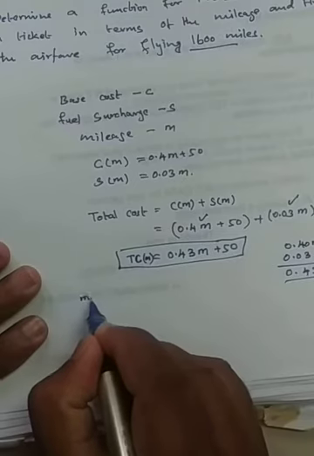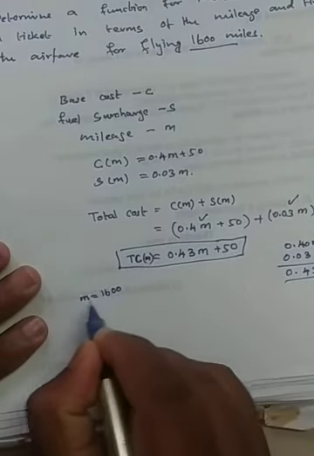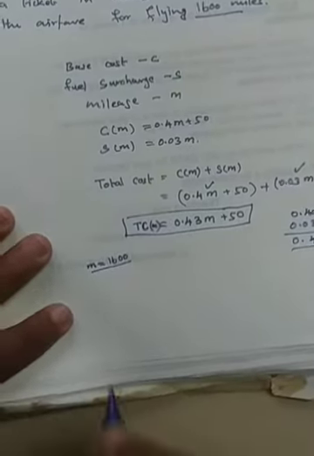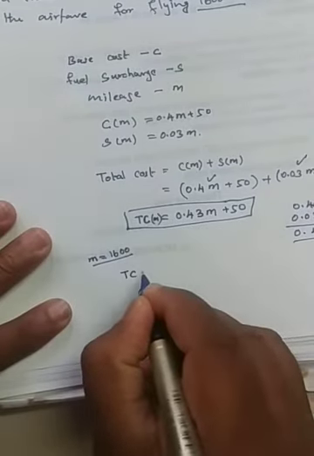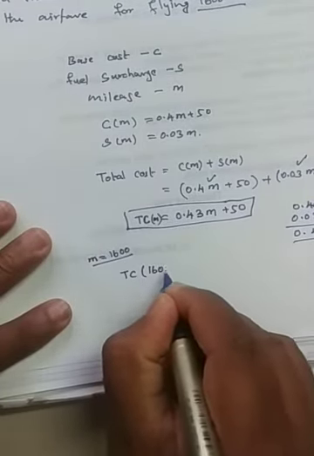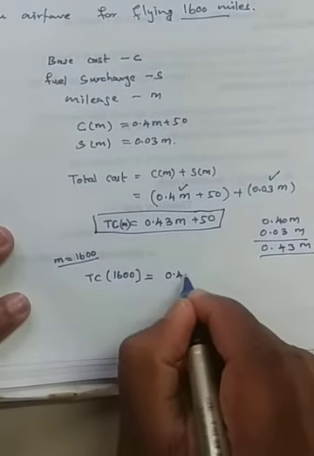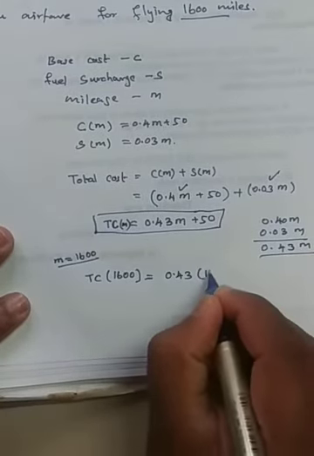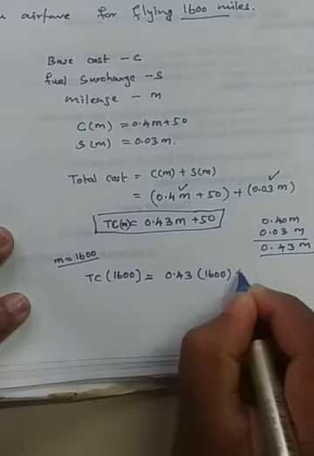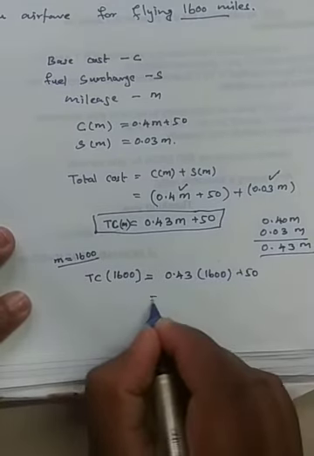Okay, the next they are saying for flying 160 miles now. So M equals what here? 1600. If M is 1600, now total cost for 1600 miles, what will you do? 0.43 in place of M you write 1600 plus 50. Now you need to multiply.